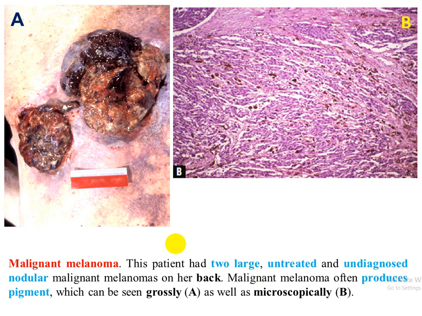Right. Here grossly we see two nodules characterized by variable pigmentation, some areas dark pigmented and others intermediate or pale, and also the other nodule with irregular borders.